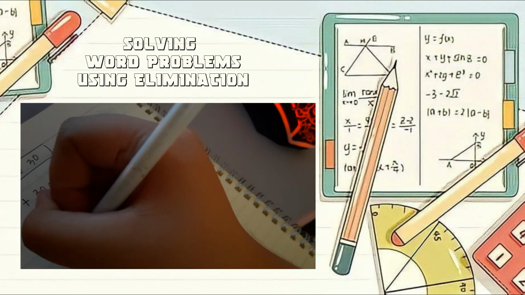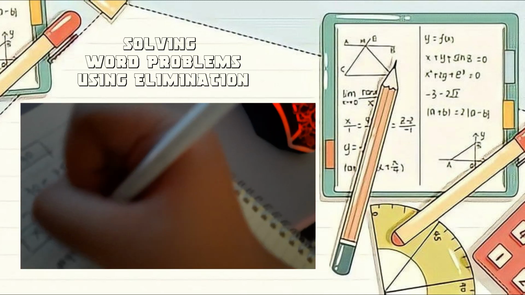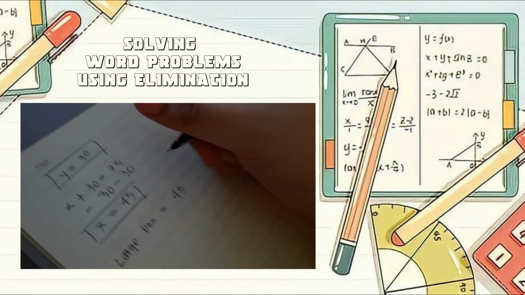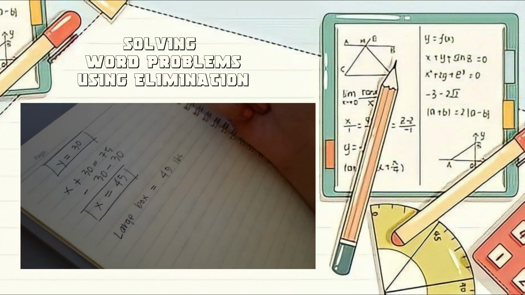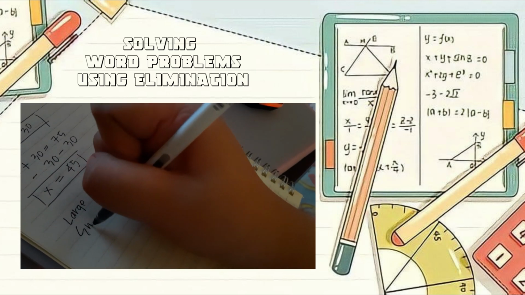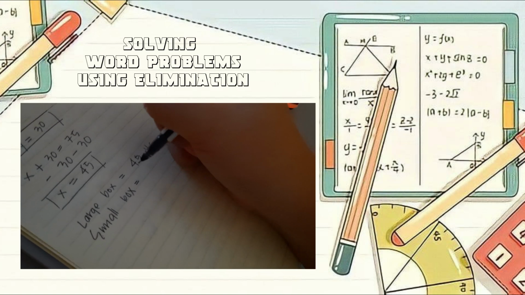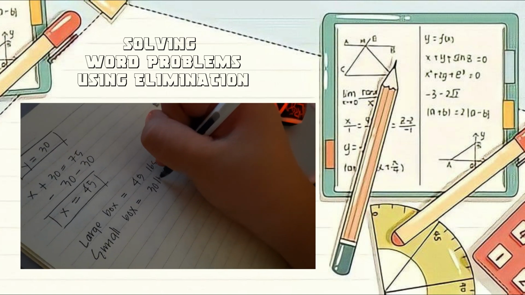So, dito yung large box ay 45 and then yung small box is 30.